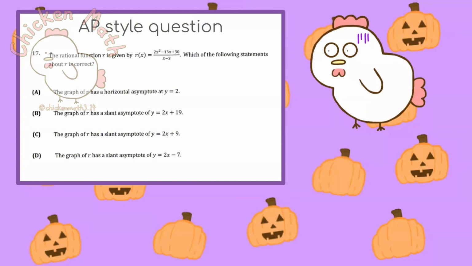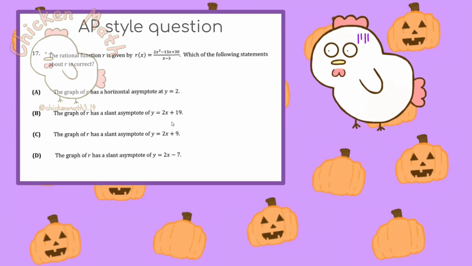All right, so here is an AP style question that we're going to practice, because you're going to have to get used to the formats and the way things are worded for the AP exam. We're given the rational function r of x, 2x squared minus 13x plus 30 over x minus 3. Which of the following statements is correct?